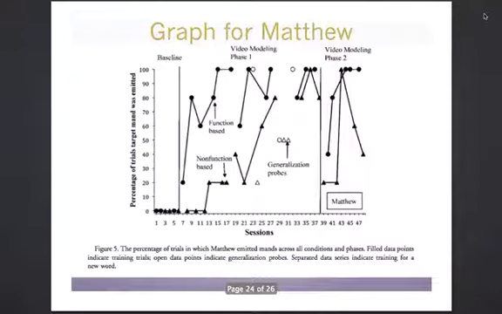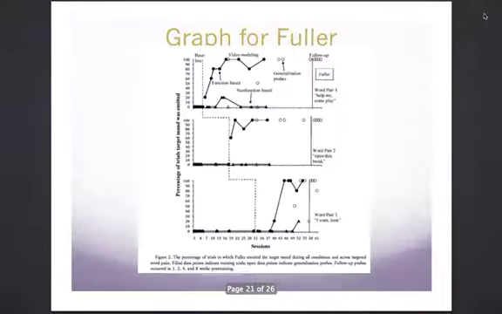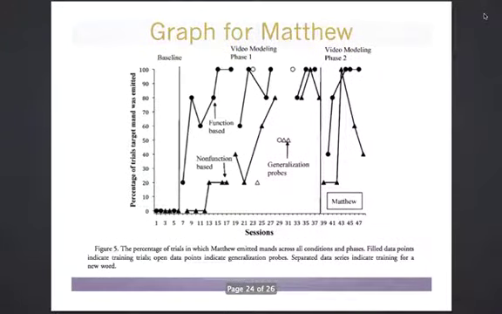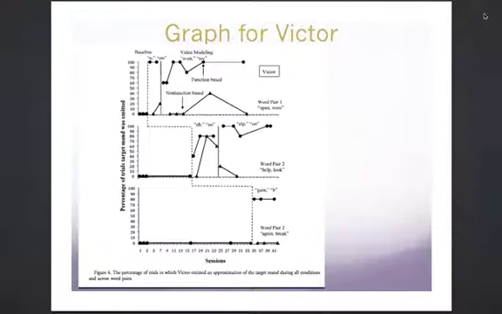That shows that it's working. And then for Matthew, he demonstrated no responding during baseline, and when it was introduced, during function-based it was 80%, and then non-function-based it was 41%.